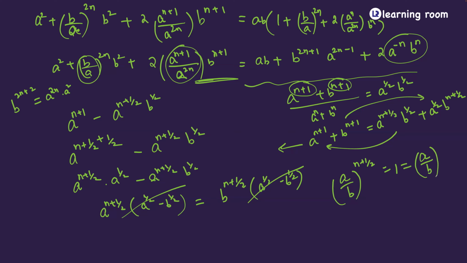I can write it as a by b raised to the power 0. So n plus half is 0, so n is equal to minus half. Check the answer once. Correct? So this is the answer.